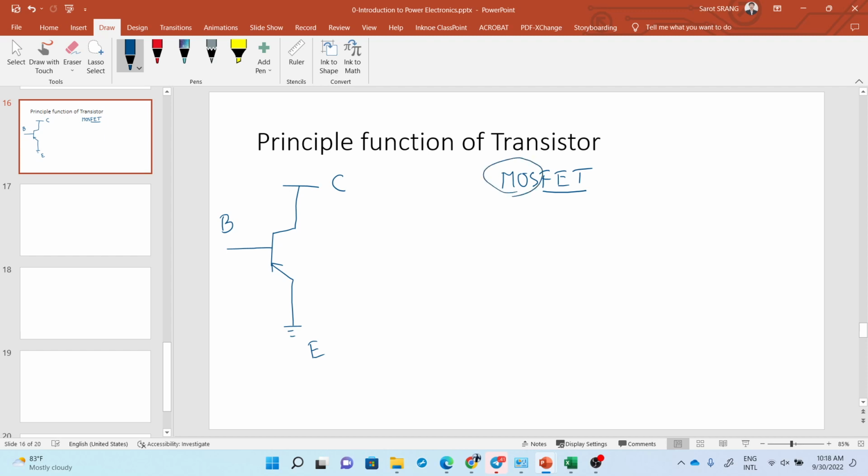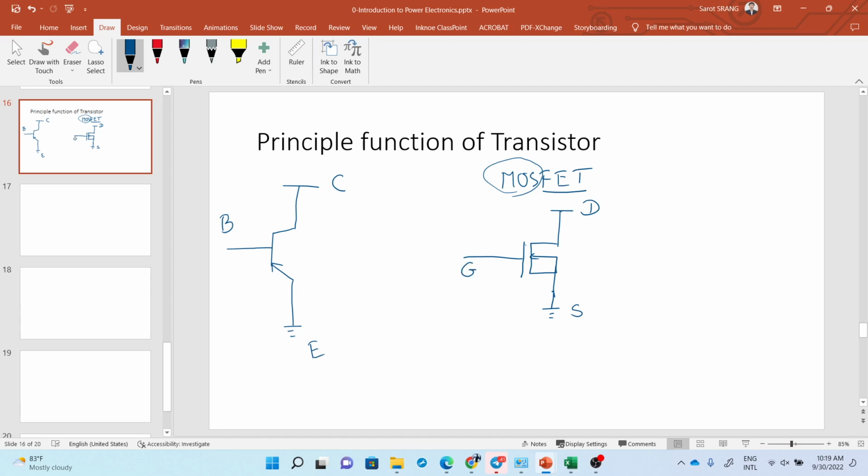This one is about the material things, and the symbol is like this. So the labels for the terminals are like this. This one is source, this one is drain, and this one is gate.